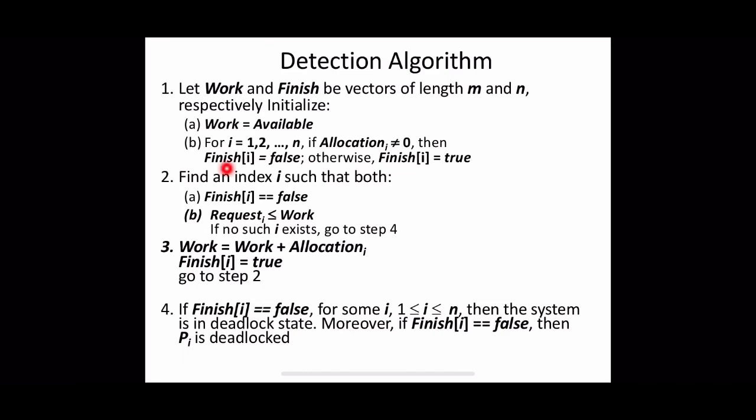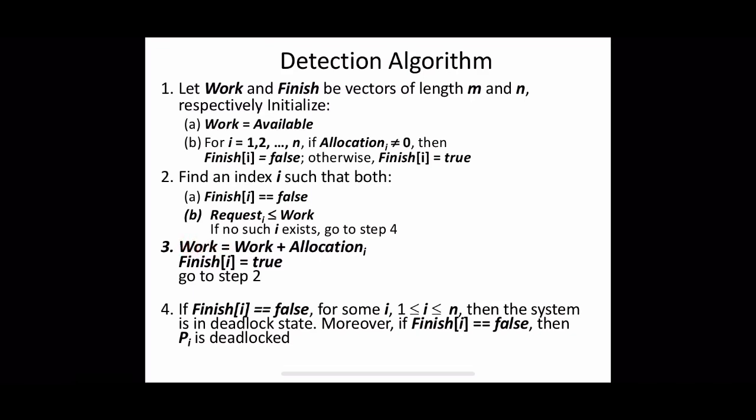So find an I such that finish[i] is equal to false and request[i] is less than or equal to work. That means take a process which is yet to complete and whose current request can be satisfied with the currently free resources. If such a process exists, go to step 3.